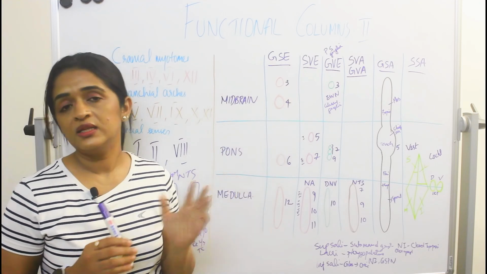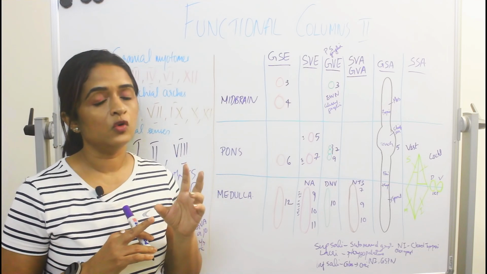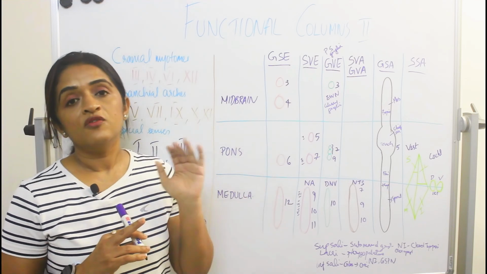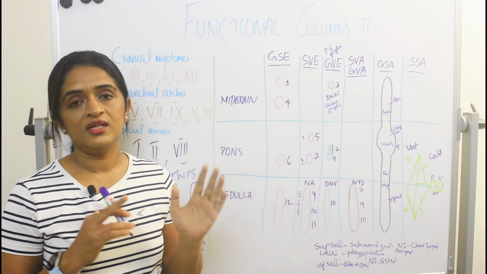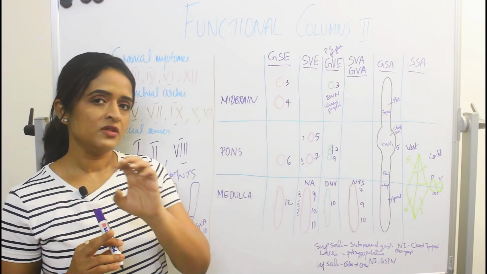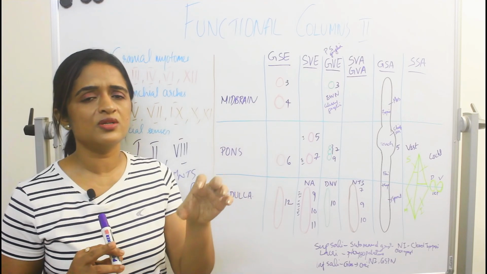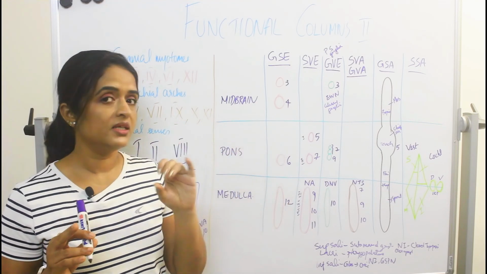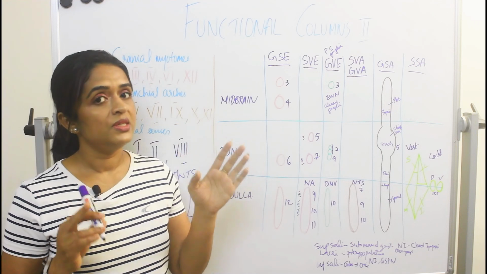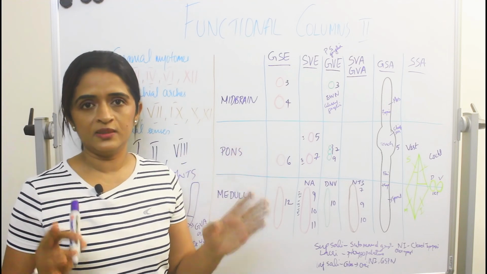Roughly we can say the cranial nerve nuclei 3 and 4 are arranged in the midbrain, 5, 6, 7, 8 in the pons, and 9, 10, 11, 12 in the medulla. I am not saying these nuclei are confined to that region, some have extensions. But roughly speaking, 3 and 4 in the midbrain, 5, 6, 7 and 8 in the pons, and 9, 10, 11 and 12 in the medulla.